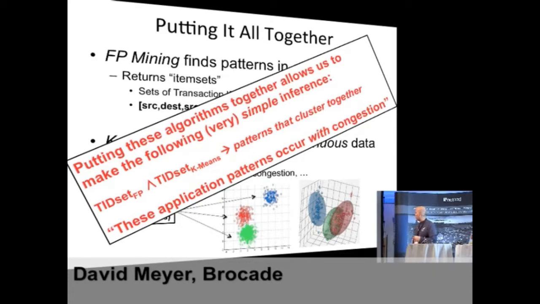Now you know that if you configure this set of, say, applications on some server somewhere, there's some probability, because this is machine learning so it's all probabilistic, that you're going to get congestion over here. That's an inference that really hasn't been seen before, and you're only limited by your imagination. So that's what we built. You can actually do this.